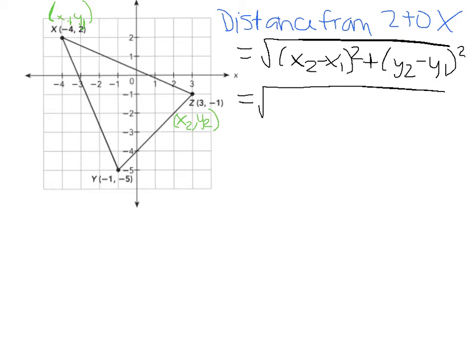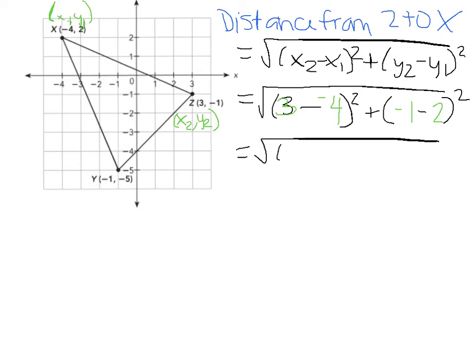So my value of x2 is 3. Make that green so it stands out. And my value for x1 is negative 4. That will be squared. I'm going to add that to my values. For y2 is negative 1, and my value for y1 is 2, and that will be squared. So now I need to simplify what's inside of my parentheses.